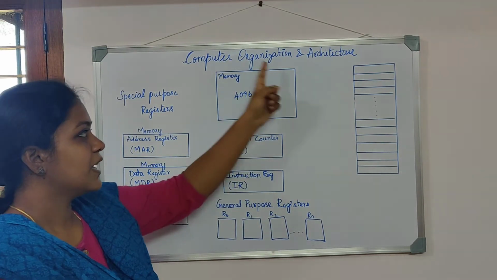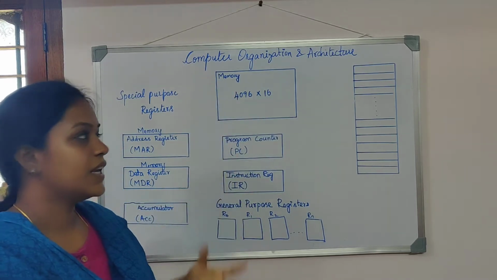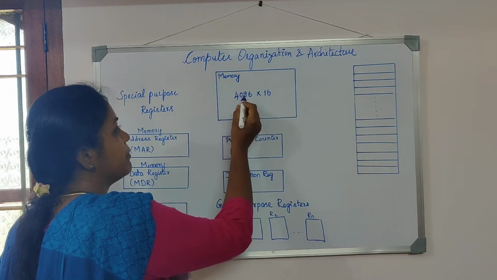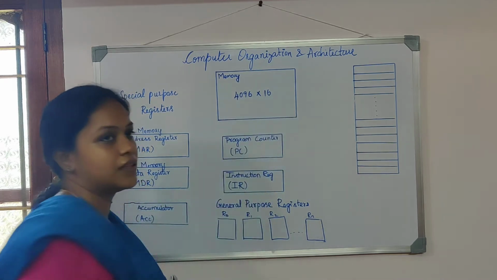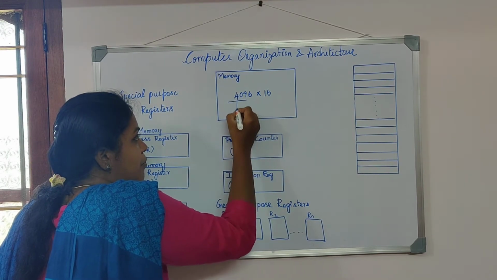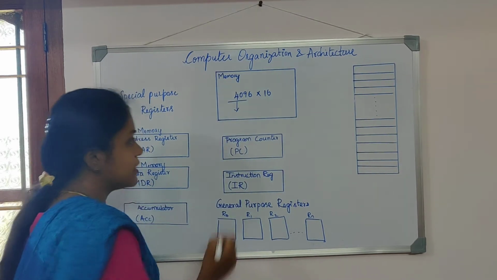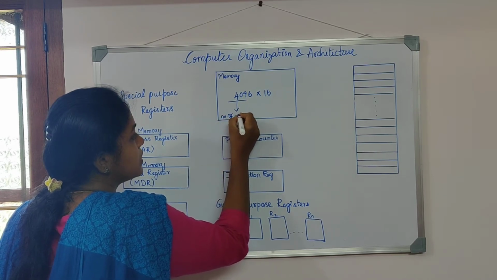First, I have considered a memory which is a main memory. I've taken an example of main memory of size 4096 into 16. 4096 is nothing but the number of words that are present.